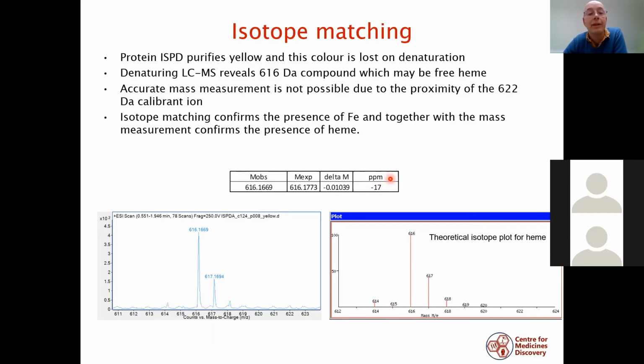However, what we can do is use isotope matching. So what we did is we took the composition of heme, and we put this into a theoretical isotope calculator, and this is the theoretical isotope pattern for heme, including the iron. And it's quite unusual.